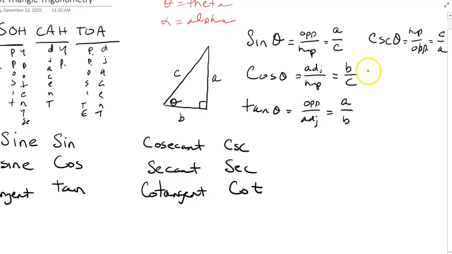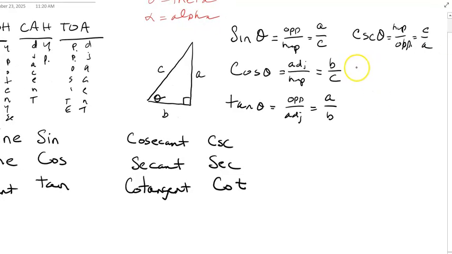So that's C over A. Secant is hypotenuse over adjacent, sorry, I apologize.